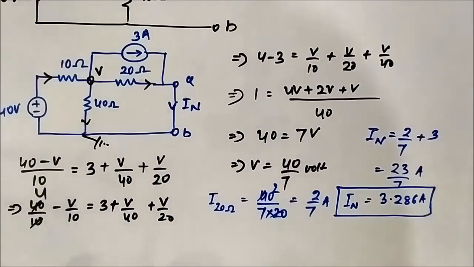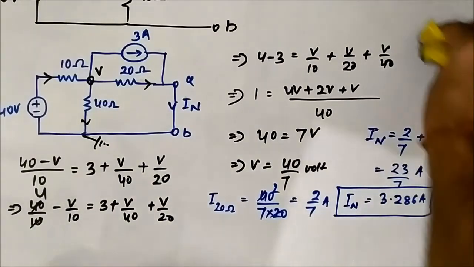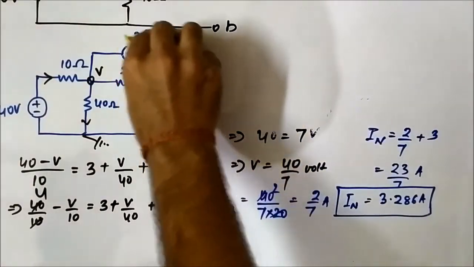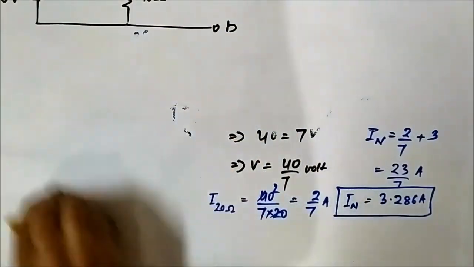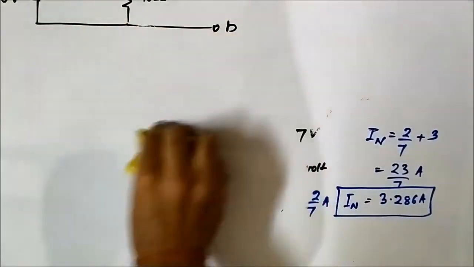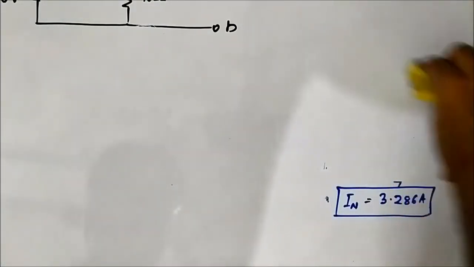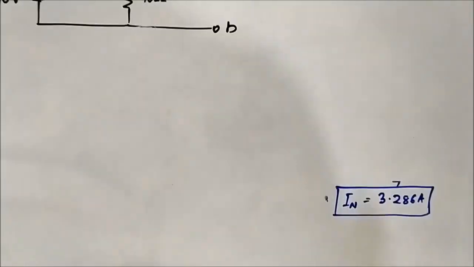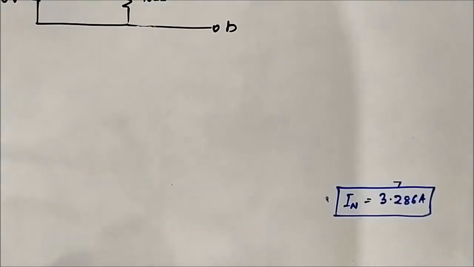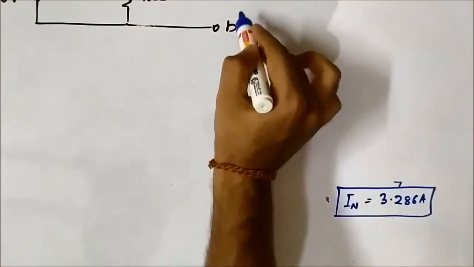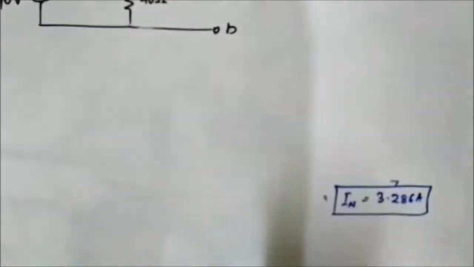Now we have to determine the Norton equivalent resistance. For that, we have to find out the equivalent resistance deactivating the independent sources.